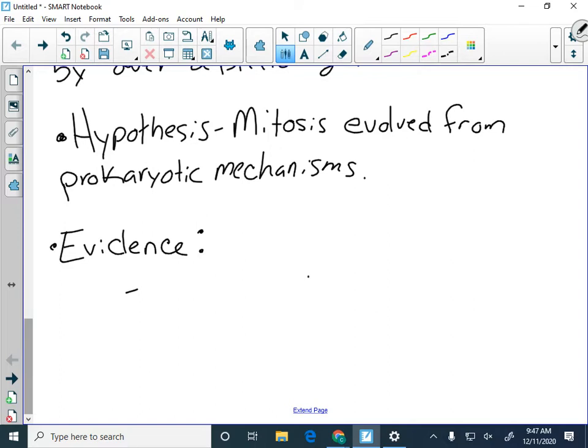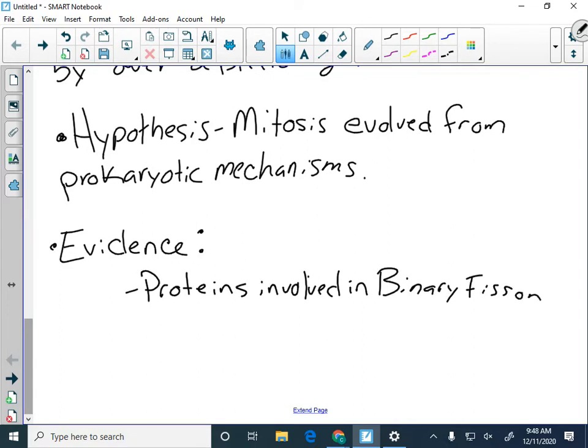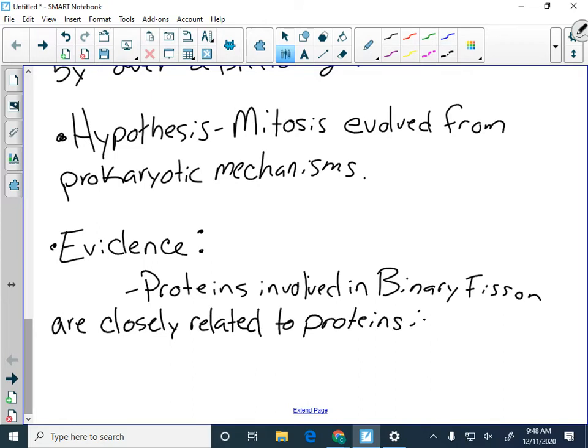So, proteins involved in binary fission are closely related to proteins in mitosis.